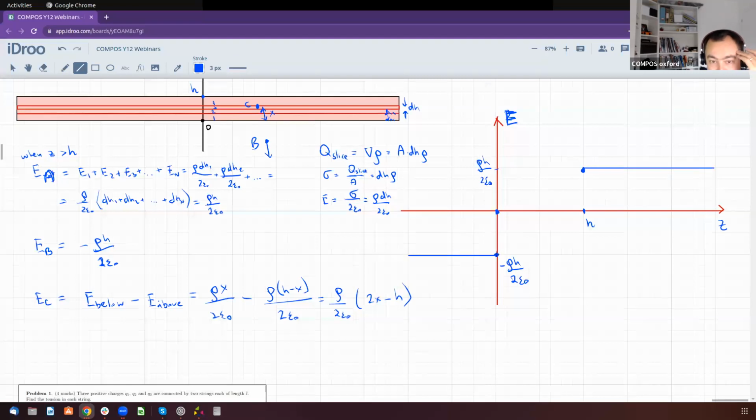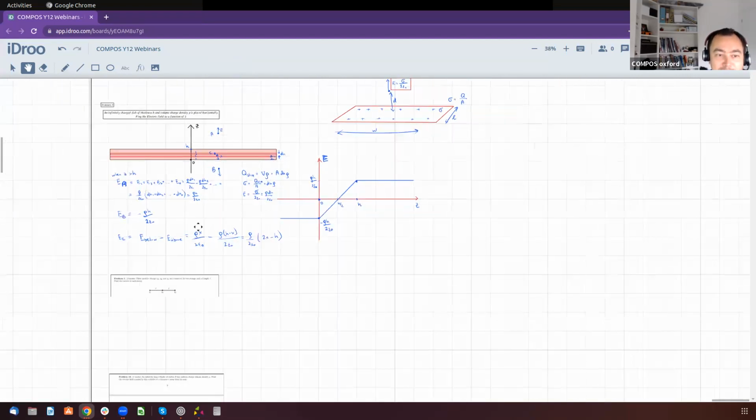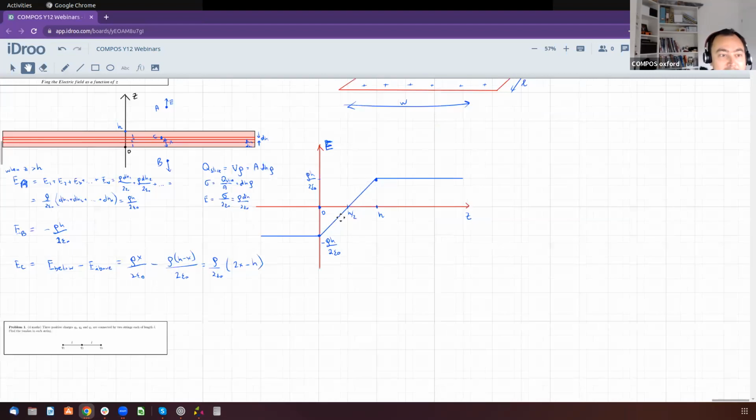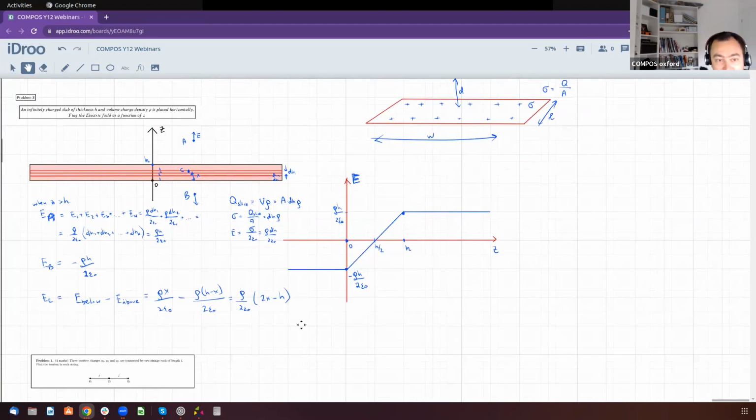And in between, it's just going to be linear. And surprise, surprise, when it is H over 2, halfway in between, the field is 0, which makes perfect sense, right? Because the two fields cancel out. And this is the electric field as a function of z.